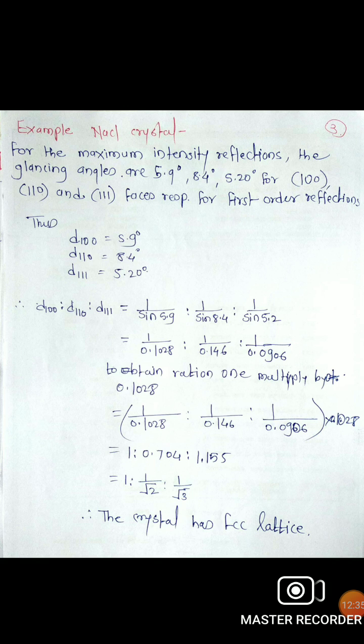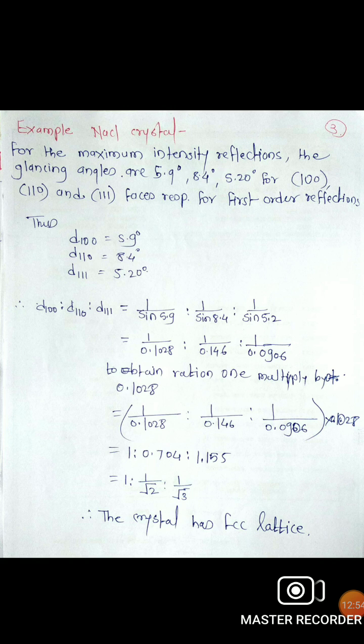If we look at the sines, sin 5.9 is 0.1028, sin 8.4 is 0.146 and sin 5.2 is 0.0906.